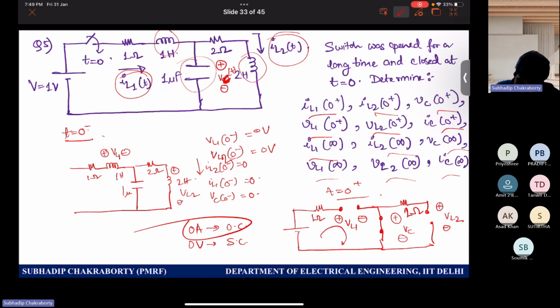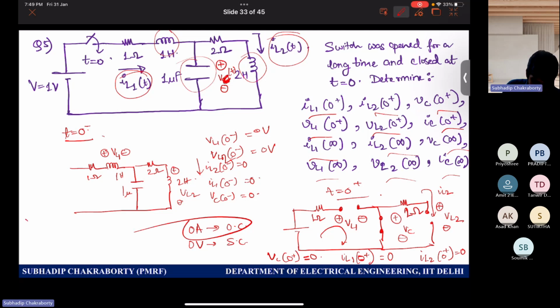This current IL1, IL1 at 0 plus, is 0, right? And IL2 at 0 plus is also 0. And since the capacitor is shorted, VC at 0 plus is also 0.